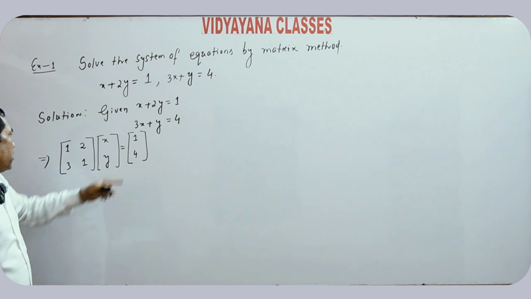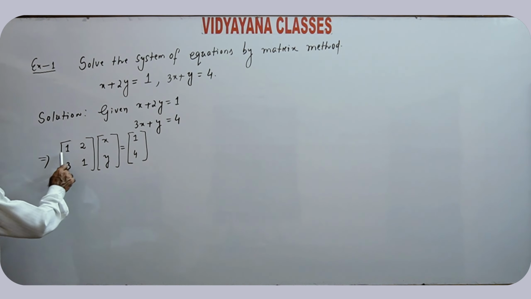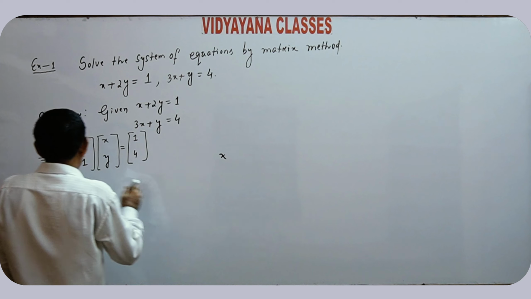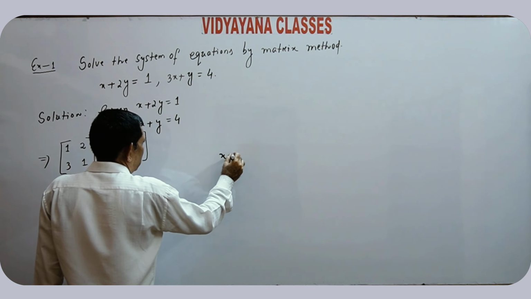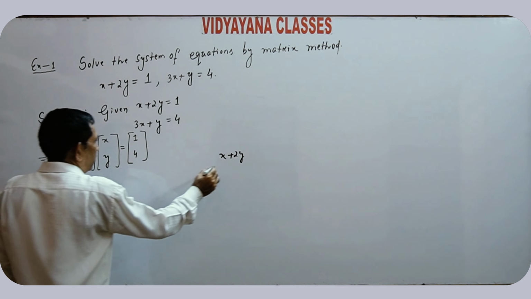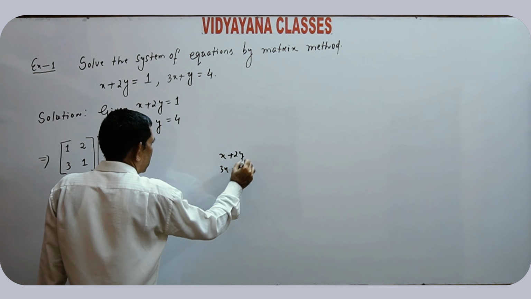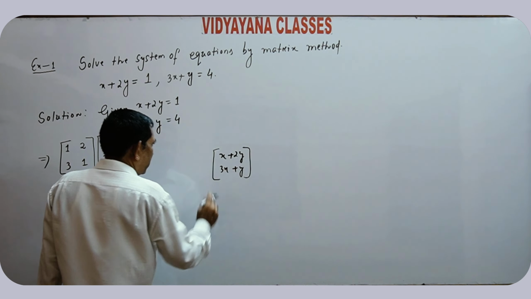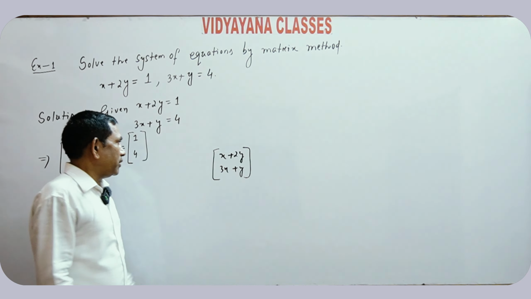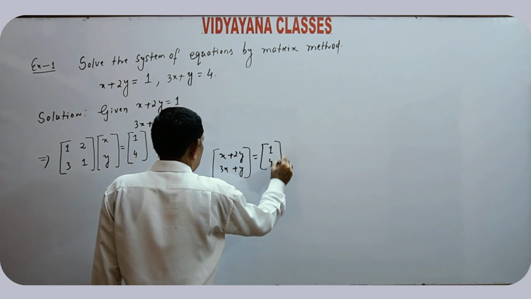The system of equations can be written in this form. By the matrix multiplication rule, 1 into x, that is x, 2 into y, that is 2y. Next, 3 into x, that is 3x, 1 into y, that is y. The left hand side is a matrix having elements x plus 2y, 3x plus y is equal to 1, 4.